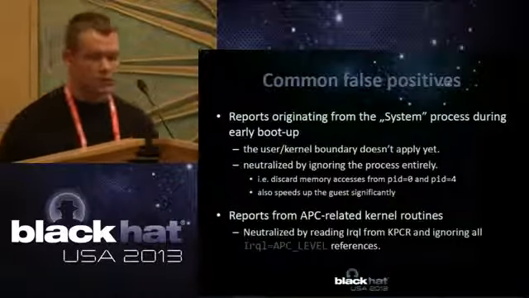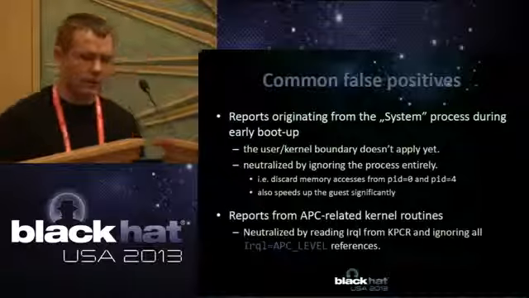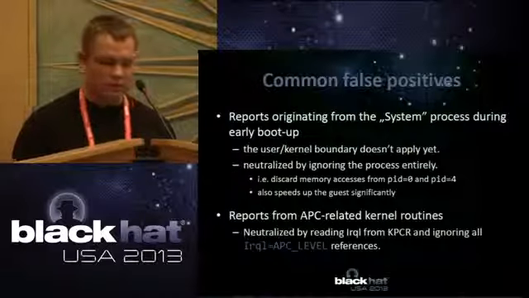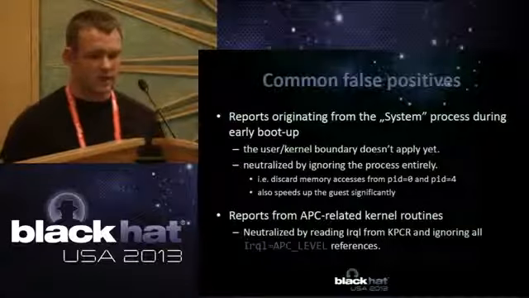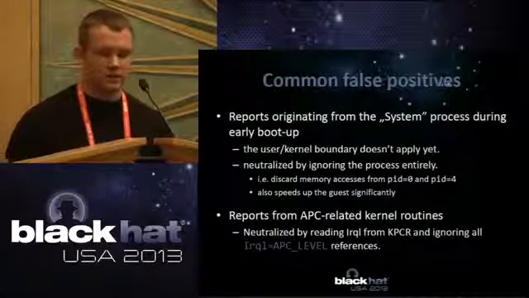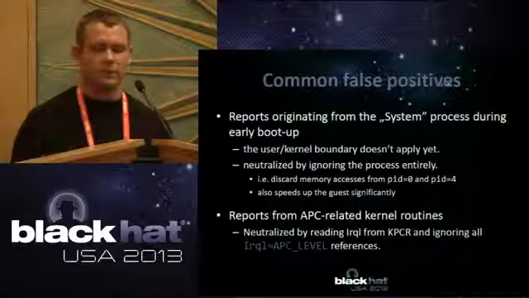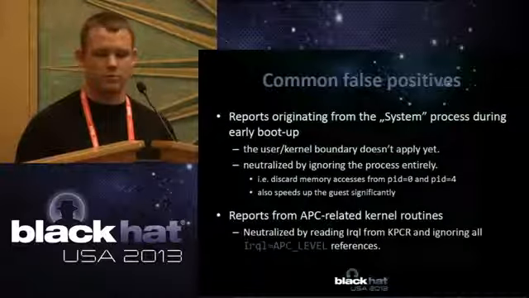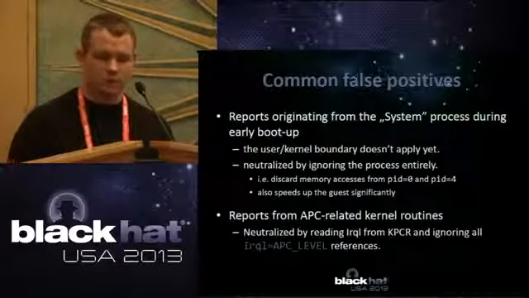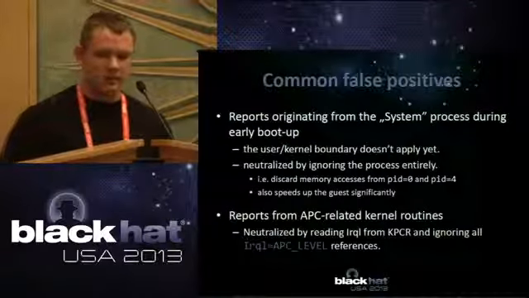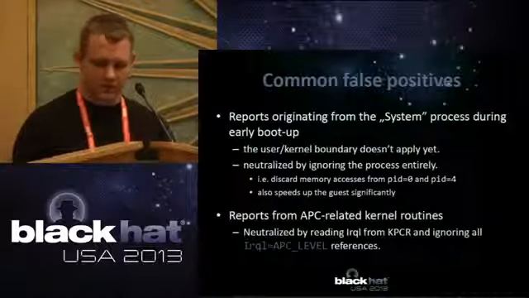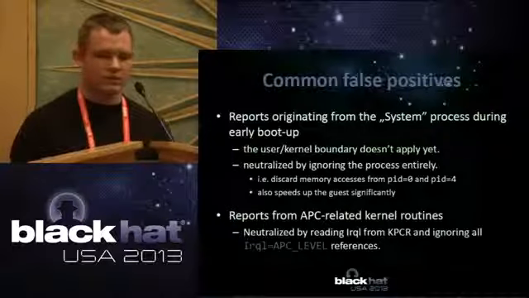So when it comes to the false positives that we encountered when we were running Windows on Bochspwn, there are quite a few of them. The first one is reports originating from the System process, which is the most important process in Windows. It is a kernel mode process entirely, and its main activity is when the system boots.